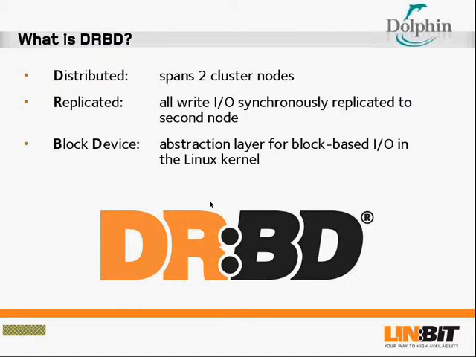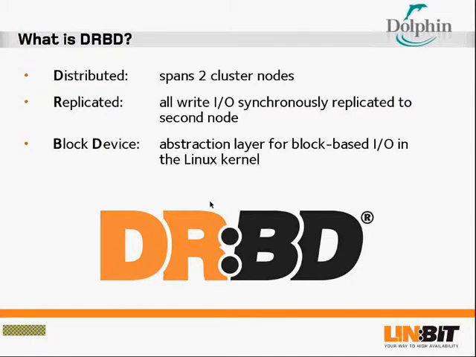So it's a very low level replication technology. As such, it provides high performance. It's very lean and pretty much application and file system agnostic. So it can be used to add application redundancy and high availability to just about any application.